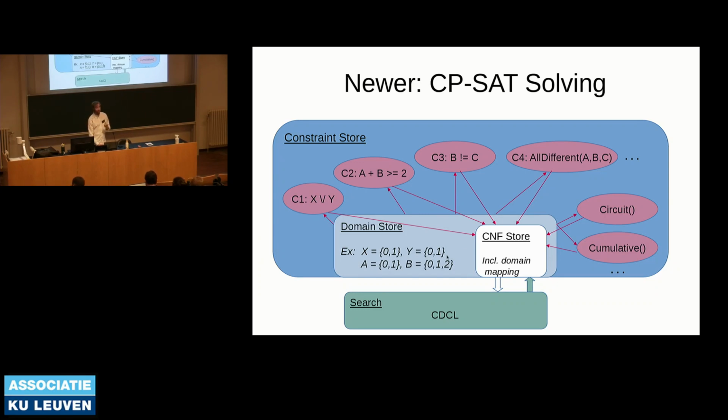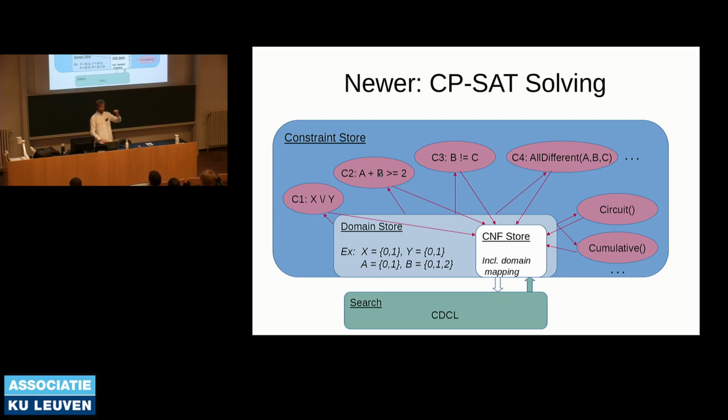No, that's not entirely true. Let me start again. So the domain store, there are Boolean literals corresponding to either values or bounds that are created. And then what the constraints will do is, for every constraint, it will reason at the level of that. Okay, that's a clause, that's too easy, that will just be copied straight. But this one, the constraint propagator will, for example, reason, 0 is not possible.